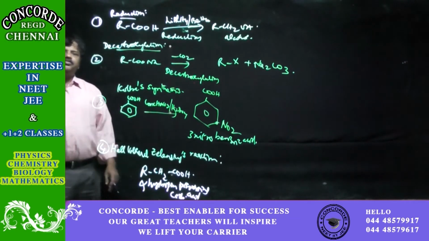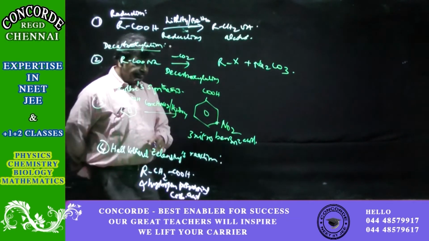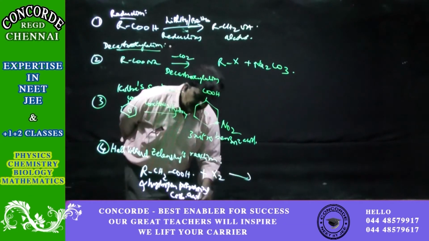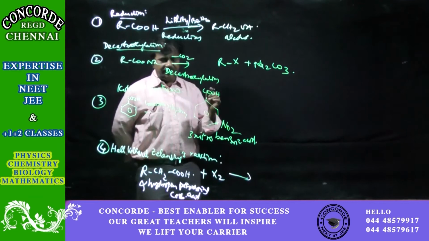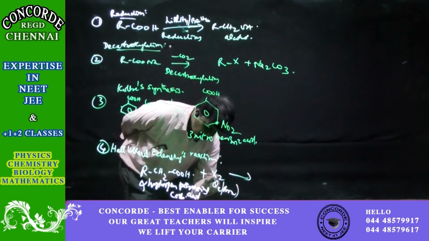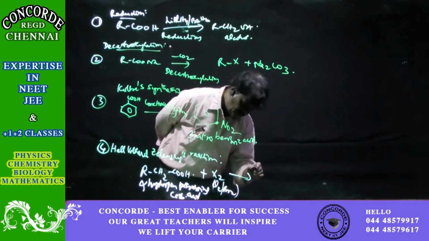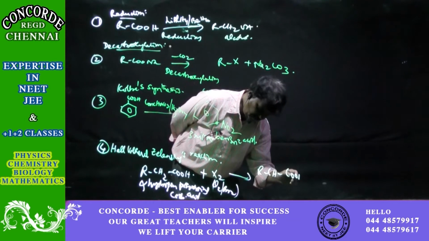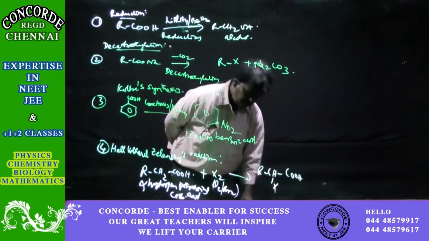This alpha hydrogen possessing carboxylic acid undergoes halogenation, the halogen being chlorine or bromine, and we get the substitution as RCHXCOOH.